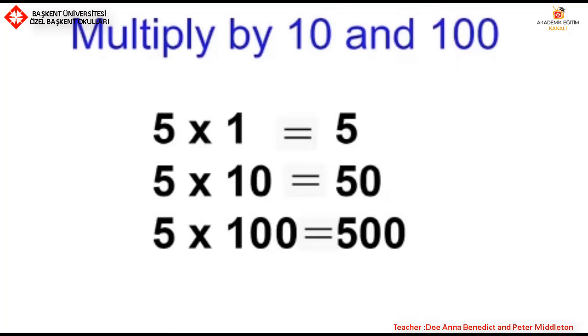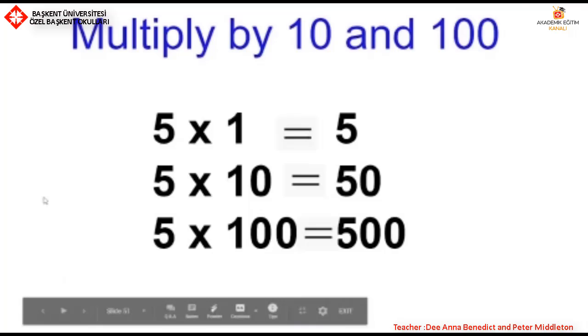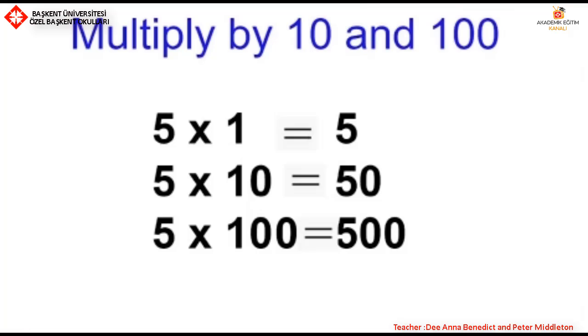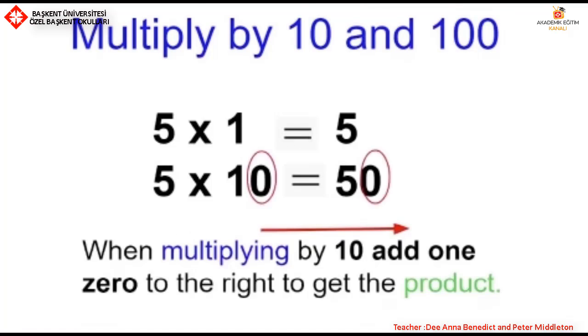We can multiply 10 and 100. Let's look. 5 times 1 equals 5. 5 times 10 equals 50. 5 times 100 equals 500.